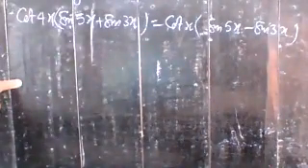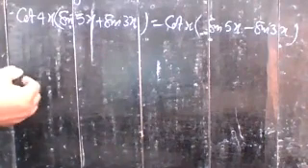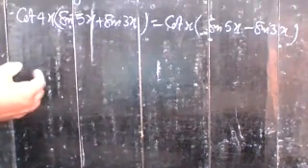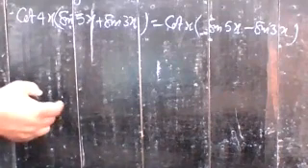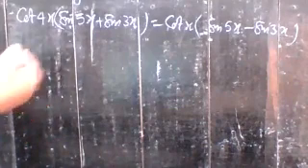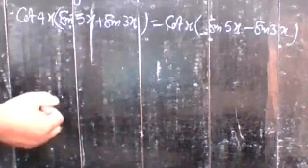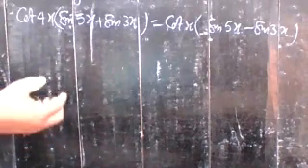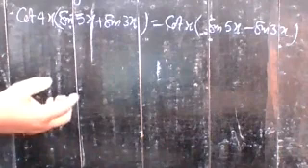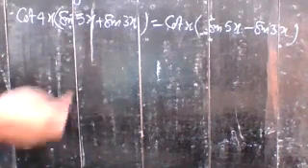Sometimes the questions are in such a way that you have to take the left side and simplify it completely, and then take the right side and simplify it completely. After that, if both sides are the same in simplified form, then you can say that your answer is proved.